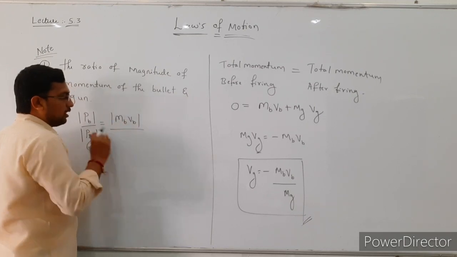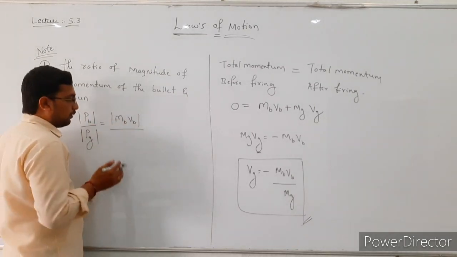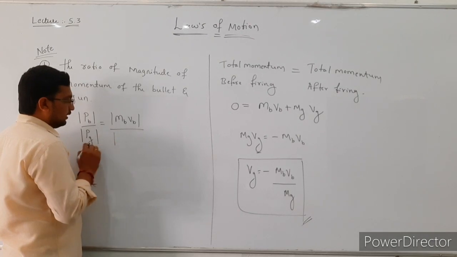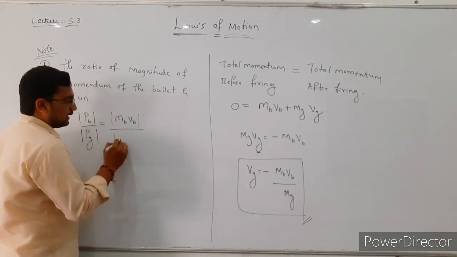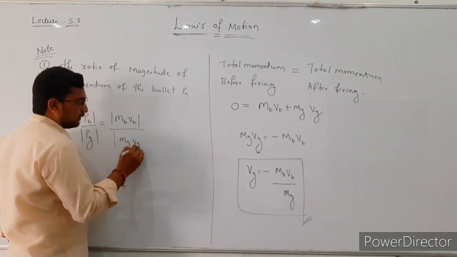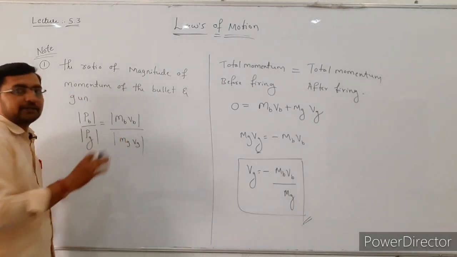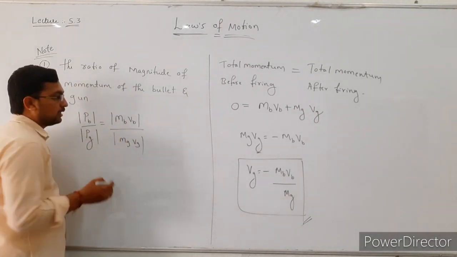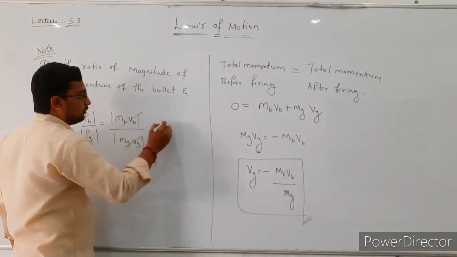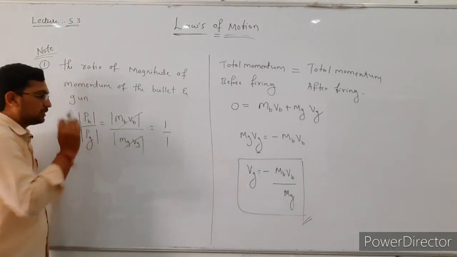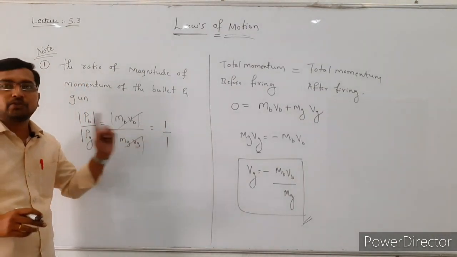Magnitude means everything becomes positive. The momentum of the gun is mass of the gun into velocity of the gun. In this case both magnitudes are the same but in opposite directions. So the ratio of the momentum of the bullet with respect to the gun is 1:1.